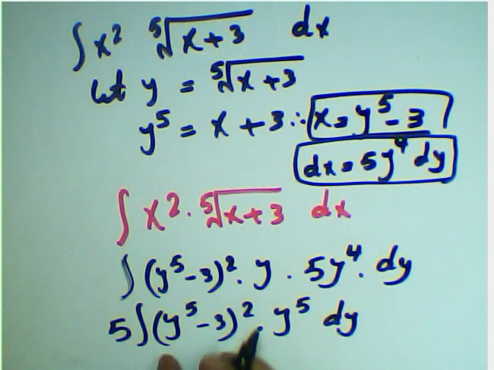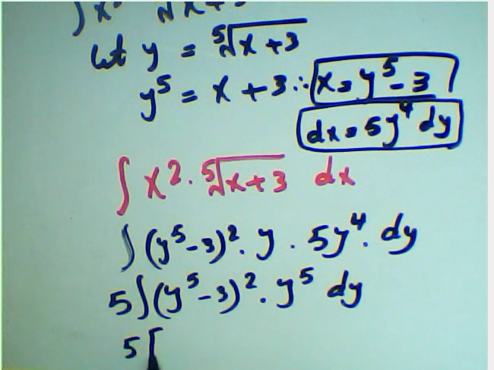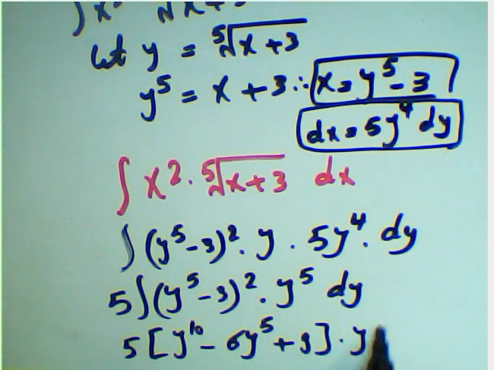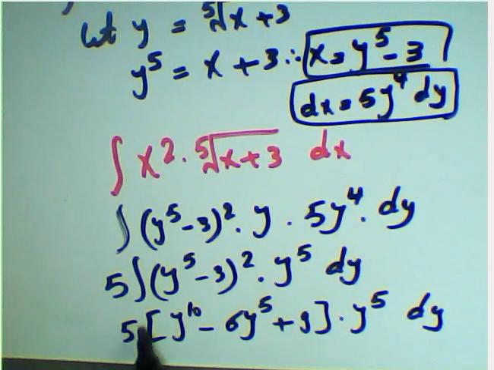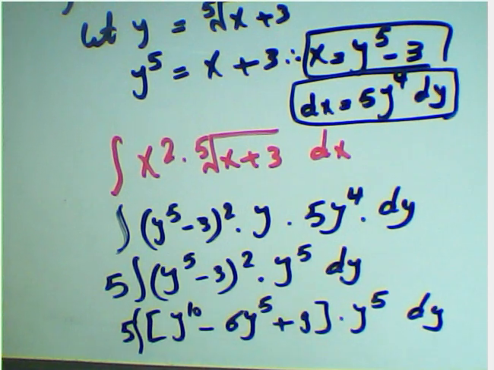Okay, and we can find the result in the simplest form here. Write 5 outside and y power 10 minus 6y power 5 plus 9, times y power 5 dy, and we distribute y power 5 over all the terms.